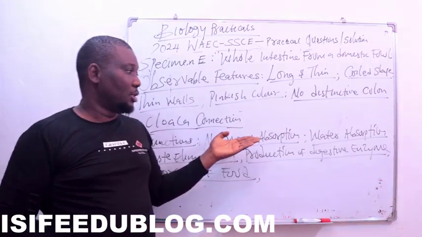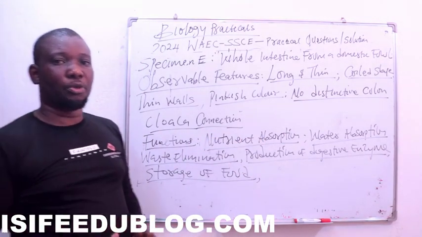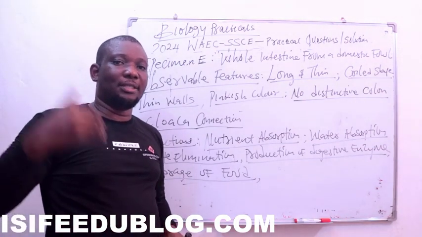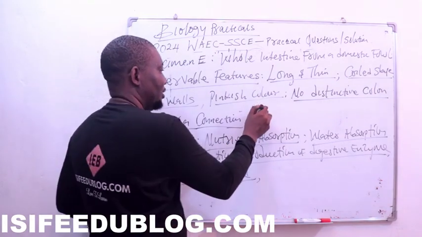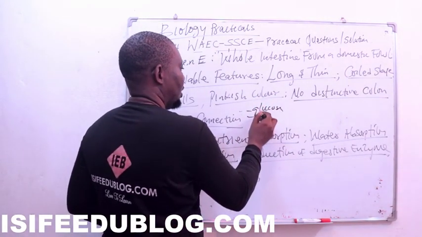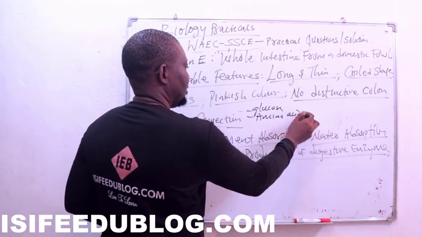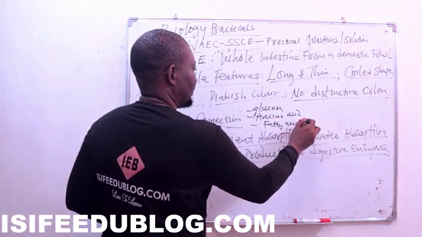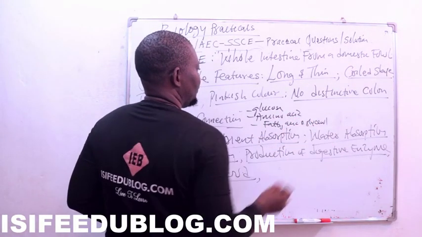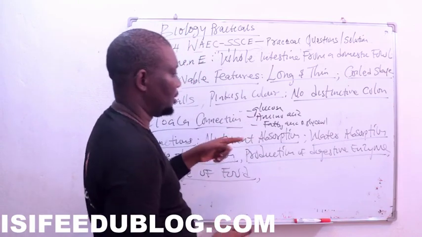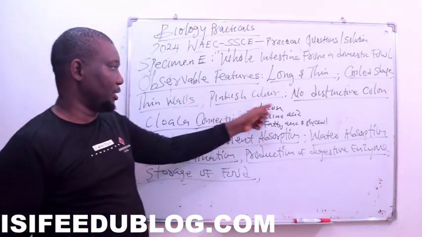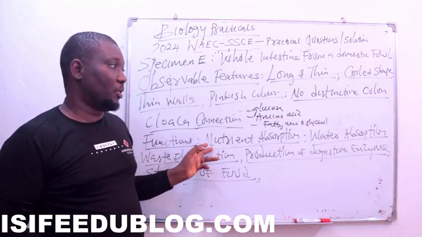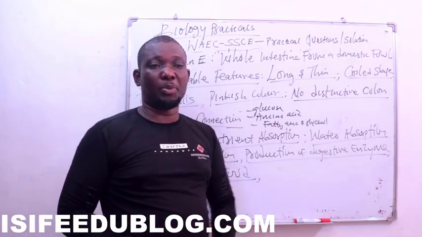This is where all end products of food, digested food substances like glucose, amino acids, fatty acids and glycerol, vitamins and minerals are all absorbed in the small intestine. It's also responsible for absorption of water.